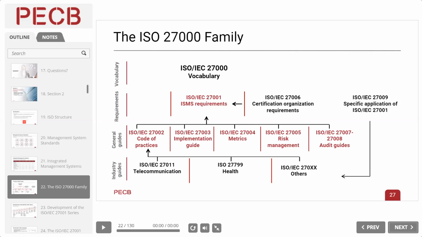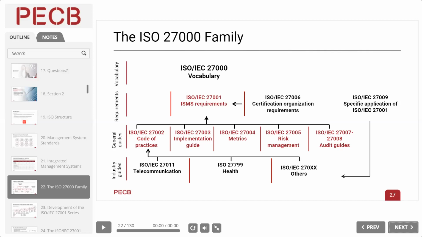Okay, so the contents within those documents are embedded within the training. So the main bits of those documents are embedded in the training that we are coming to do. Okay, so 27,002 is the code of practice. So those are where the controls live.